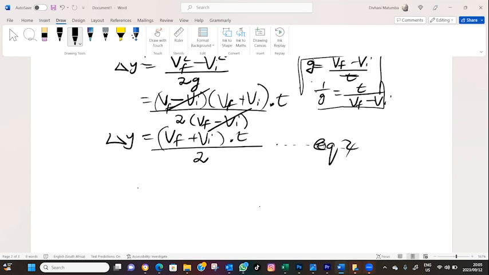Moving right along. Now, what is energy? Energy is the ability to do work.